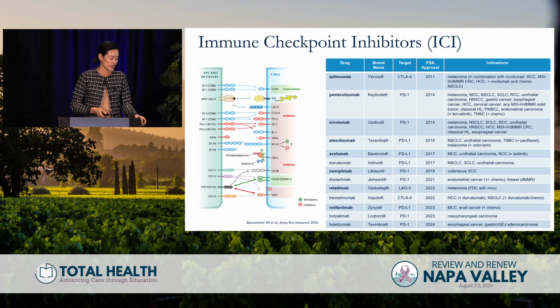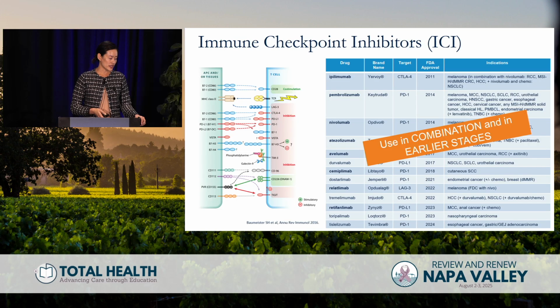But I think really the takeaway message here is that for these 13 ICIs, there are over 100 FDA-approved indications for these drugs. So really hard for any one person to keep track of. And then the trends that we're seeing more recently are, number one, that these are increasingly used in combination, and also in earlier and earlier stages of disease, so in the adjuvant and in neoadjuvant settings for several different cancers now.